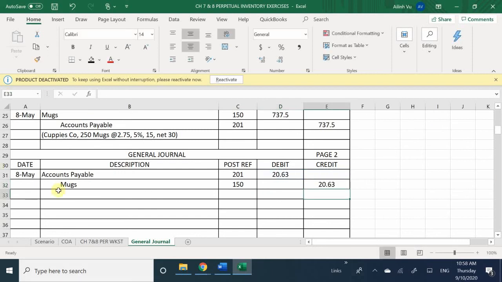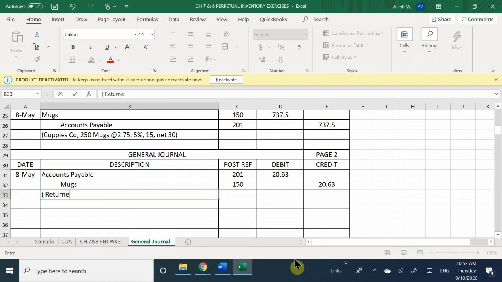And then I'm also going to indicate here: return 50 black mugs, 15% discount. Okay. Good.